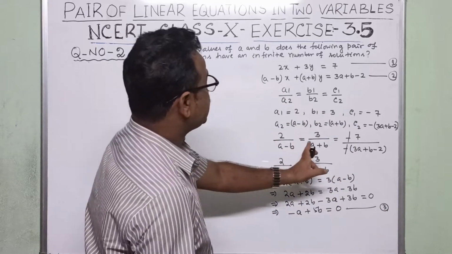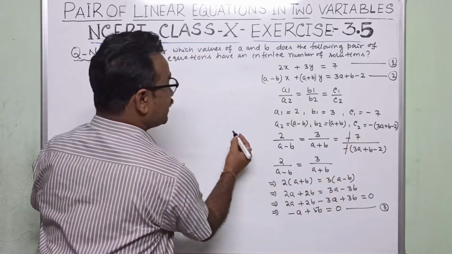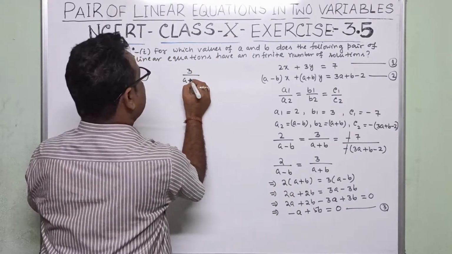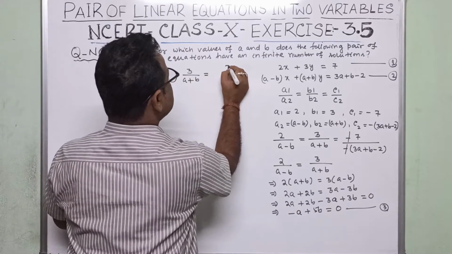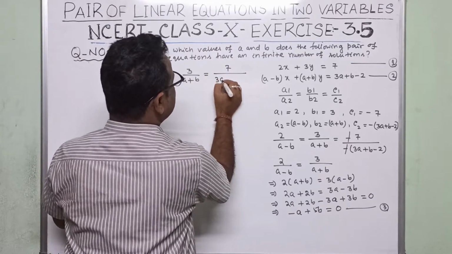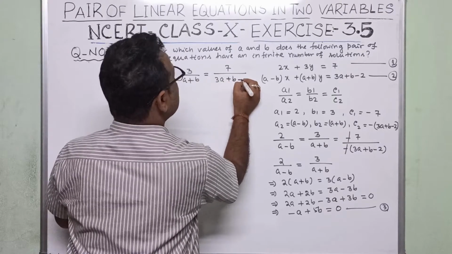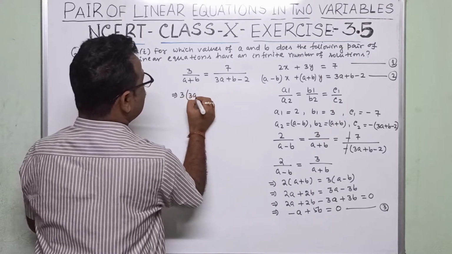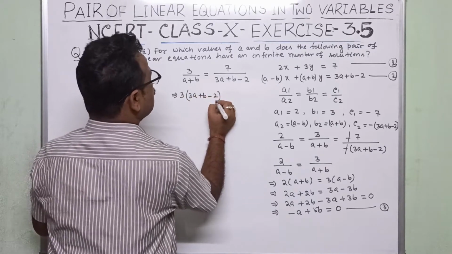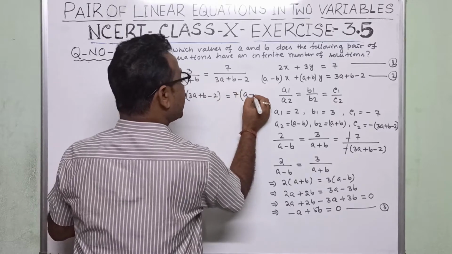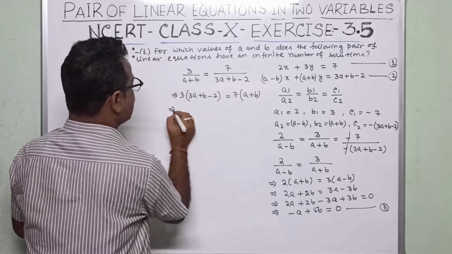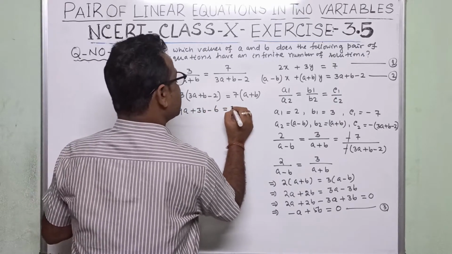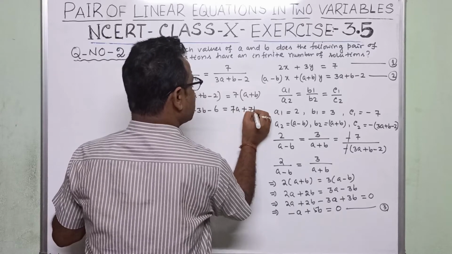Now second and third. 3 by A plus B is equal to 7 by 3A plus B minus 2. That implies 3 into 3A plus B minus 2 is equal to 7 into A plus B. That implies 9A plus 3B minus 6 is equal to 7A plus 7B.